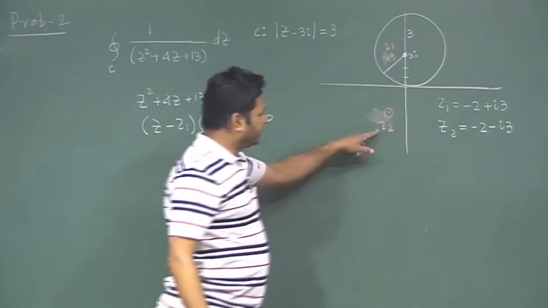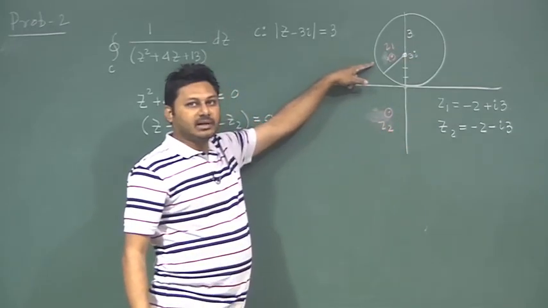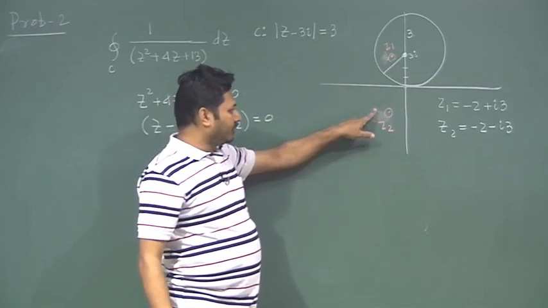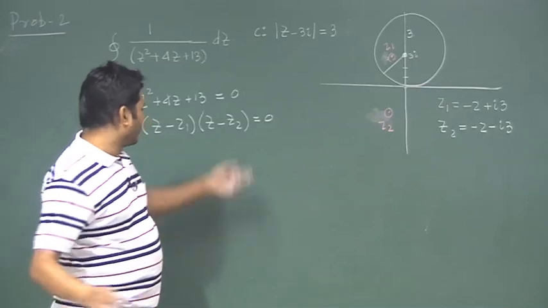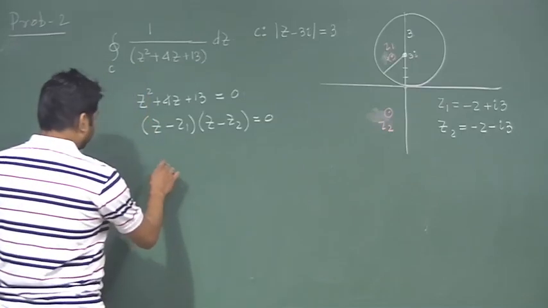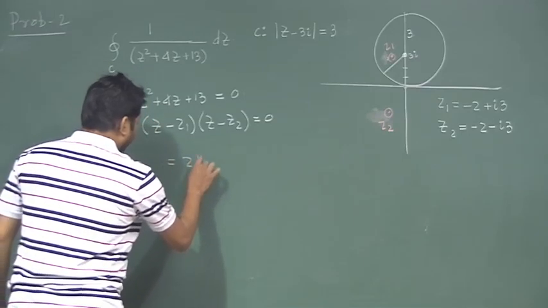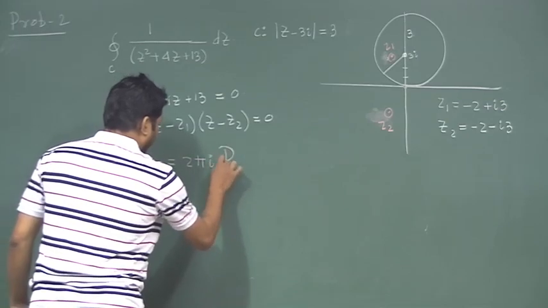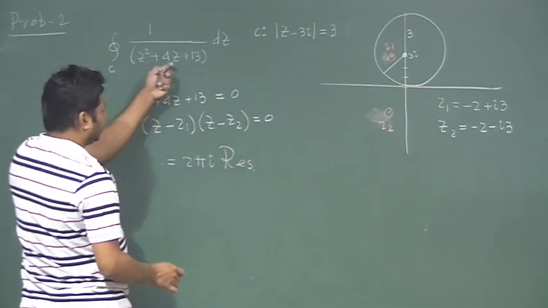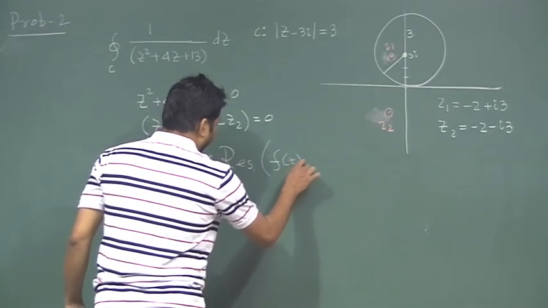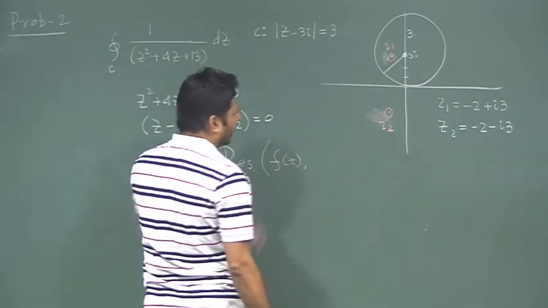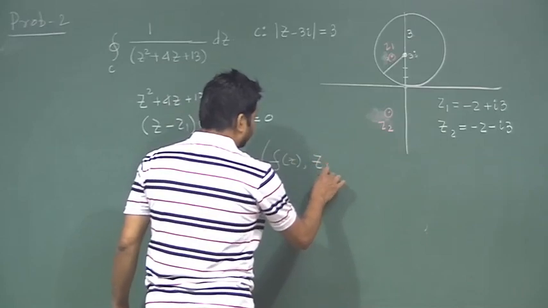Again I find that the z2 point is outside, z1 is inside. Since z2 is outside, I should not bother about the z2 point, I should only think about the z1 point, and then this result I can directly write as 2 pi i residue, because the result I now evaluate is the function of z and the residue at the point z1, because z1 is inside.